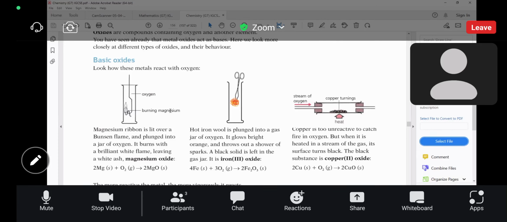When the magnesium is burning, you will observe a white fume. You can write: this is the white fume, this is magnesium, and this container contains oxygen. So this is the chemical equation.